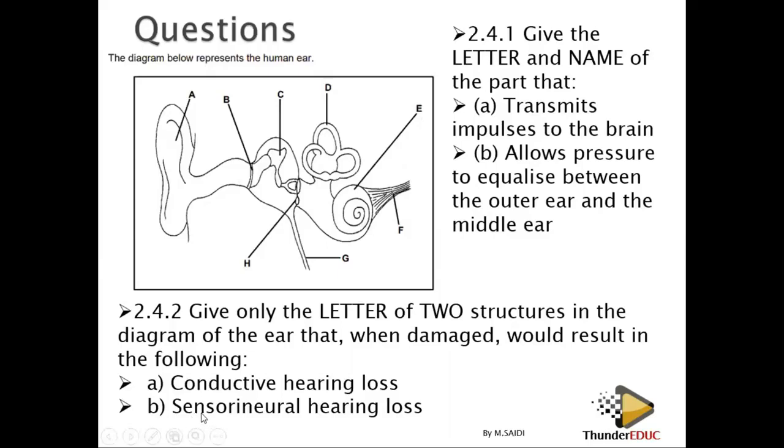It's basically about the senses, so it's E and F. While conducting is like a material which conducts the vibration, so it's going to be B and C.